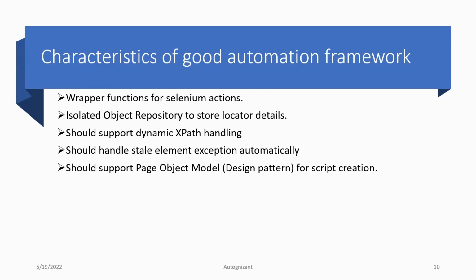We will have a separate Java class for handling operations on the login page. If we land on the home page, we will have a separate homepage class for handling operations on the homepage. So if we create Java classes and methods inside those classes this way, it will be very easy to maintain the changes.